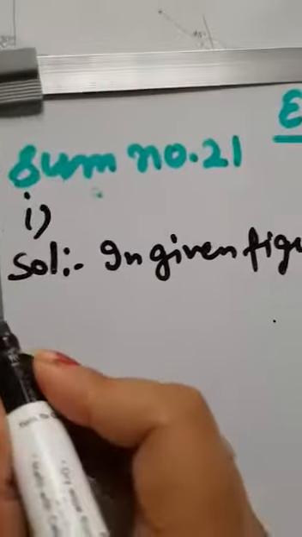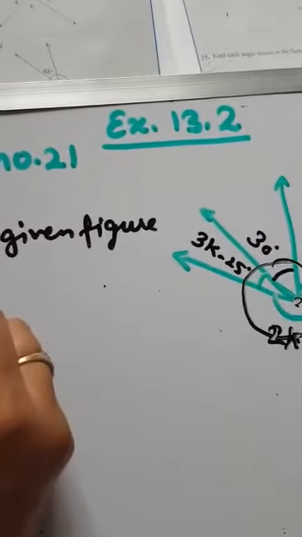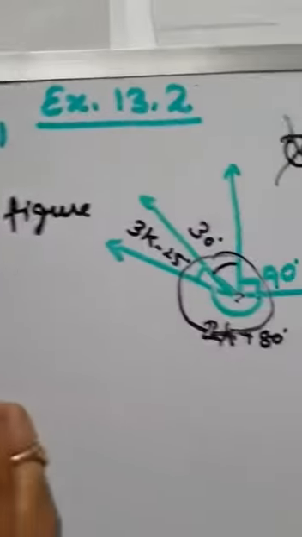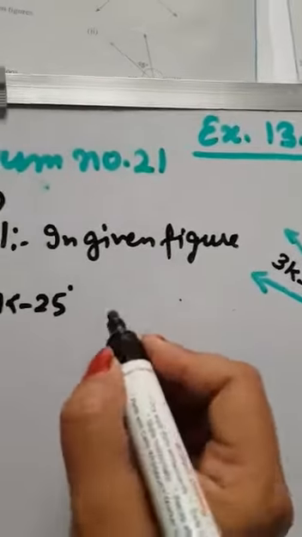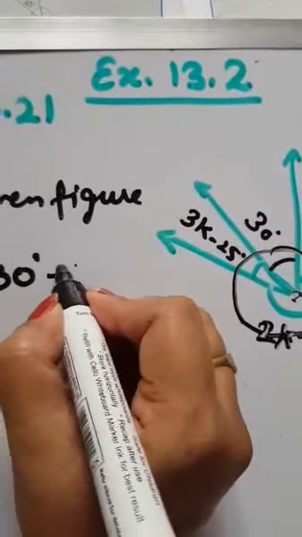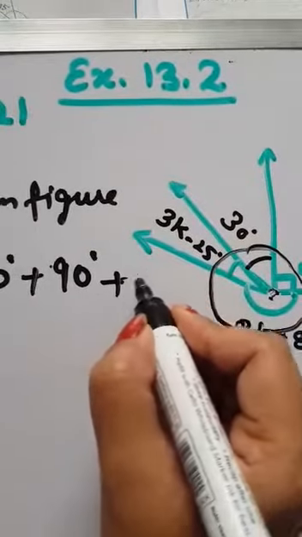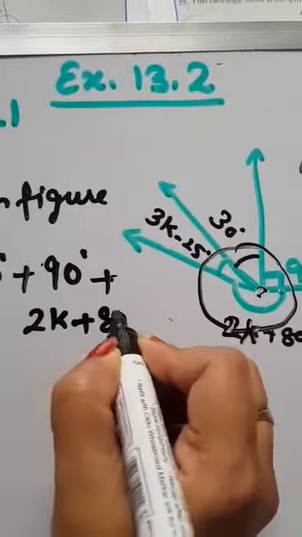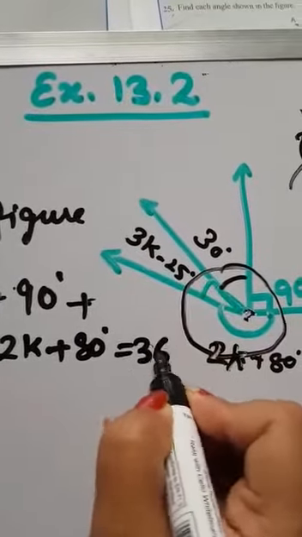So here in the given figure, we will add up all the angles. First angle is 3k minus 25. You can start from anywhere, you can start from 90 degree as well. 90 is there. 3k minus 25 degree plus 30 degree plus 90 degree plus, there is no space, I am writing here, 2k plus 80 degree is equal to 360 degree.